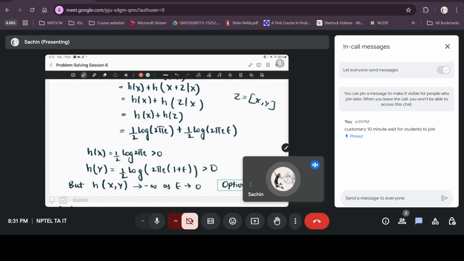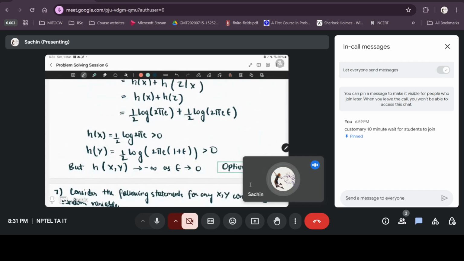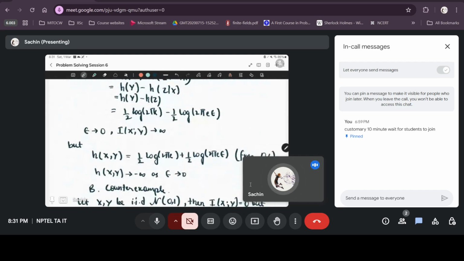What I mean to say is each random vector can be taken as a random variable, and then the entropy of that random variable is negative for values of epsilon close to 0. So entropy can go to negative values.